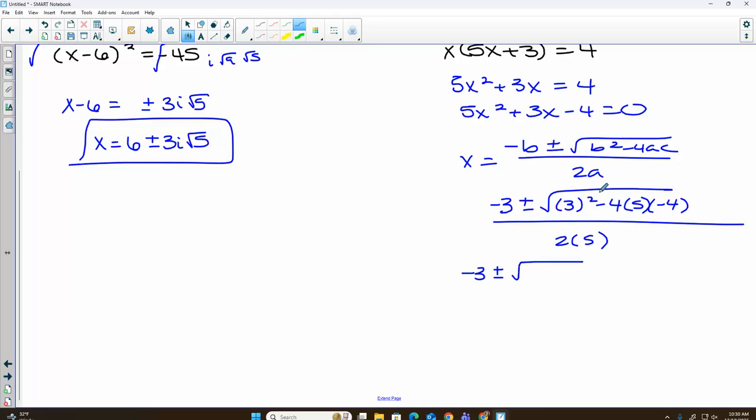Alright, so then we get 9 plus 80, so square root of 89. Okay, do any perfect squares go into 89? No. So that's our answer.